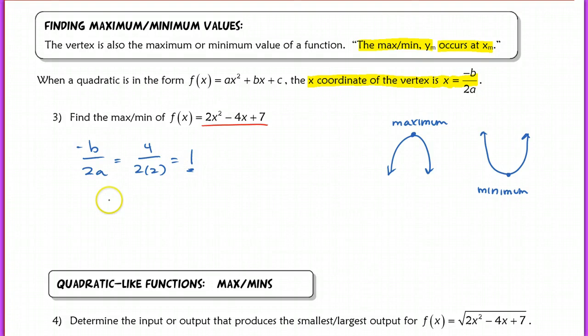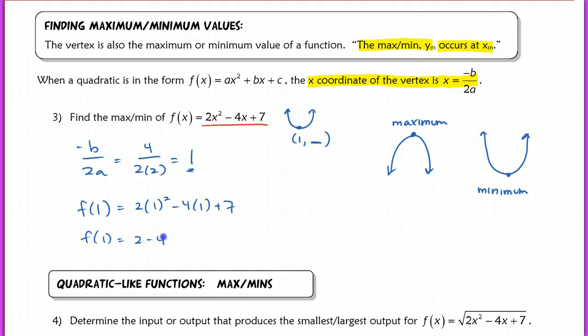So now I need to actually find, in this case, this is opening upward, right? So I have a minimum here, and I just found the x coordinate. If I want to find the y value for that, I need to find f of 1. So f of 1 is going to be found by plugging in 1 into our function, and I end up with plus 5.